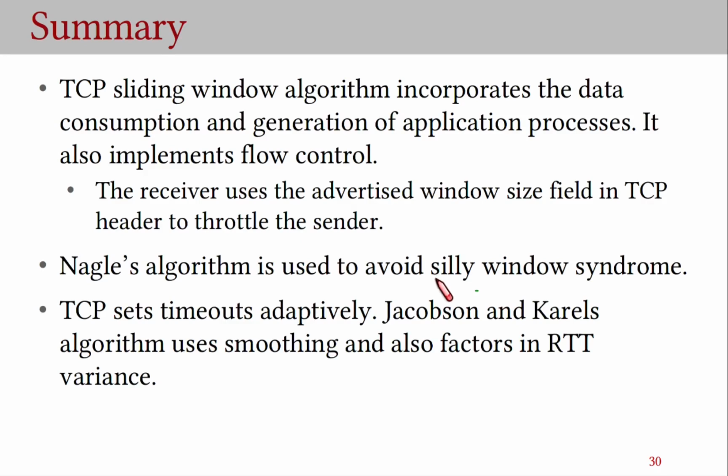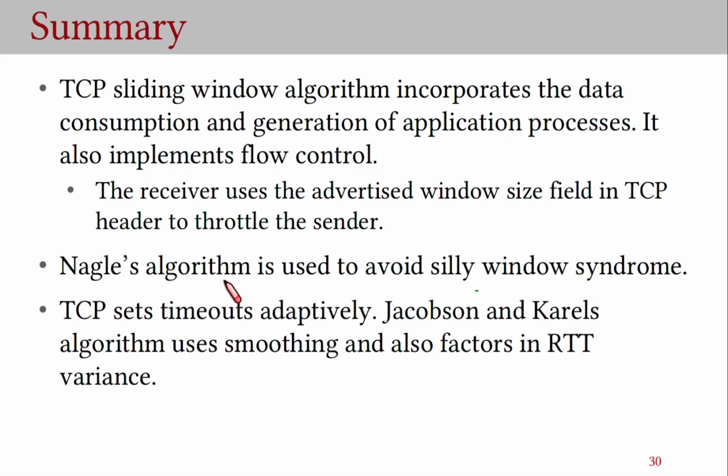We also saw that there is something called silly window syndrome that happens when the sender sends the data aggressively. If there is not enough data and the sender just immediately sends, then it's possible that a small segment would persist. We use Nagle's algorithm to fix that problem. This algorithm basically says that if you have enough data, more than or equal to 1 MSS, then the data should be sent right away.